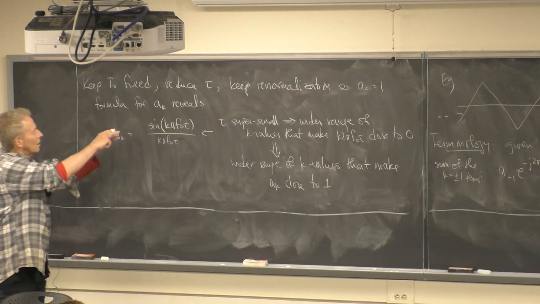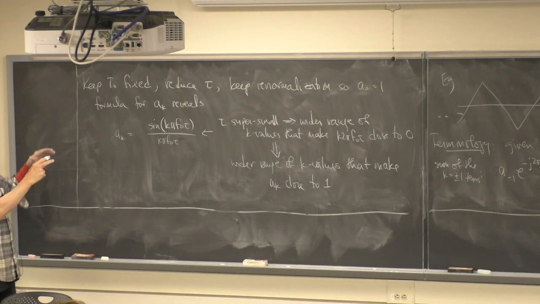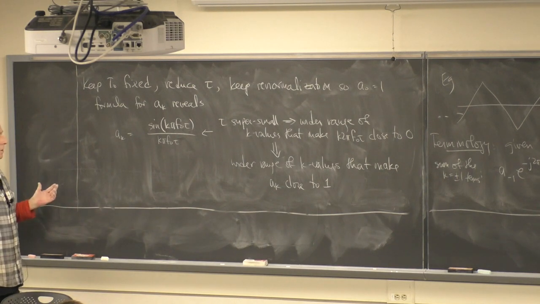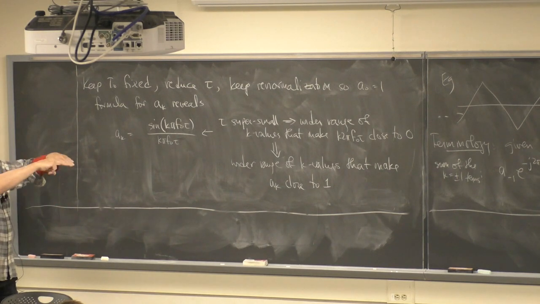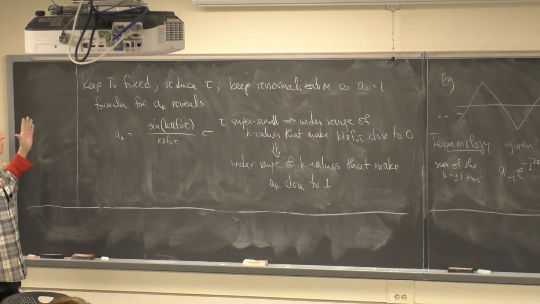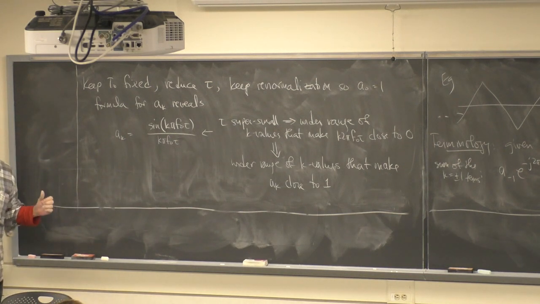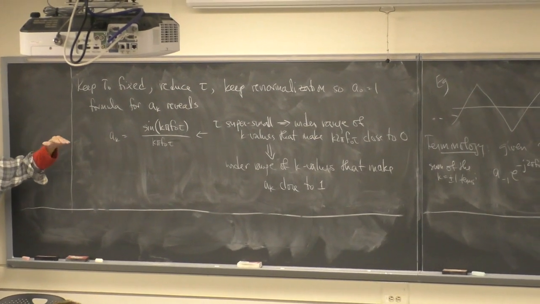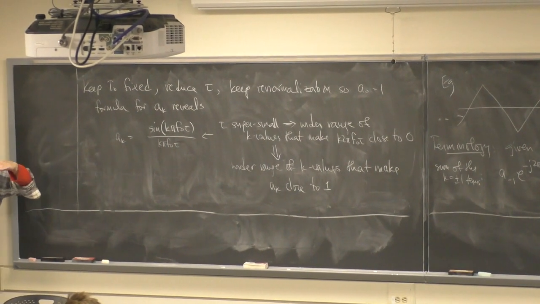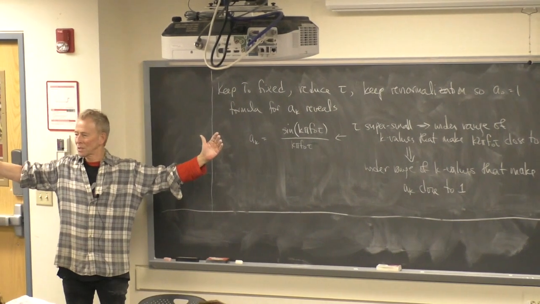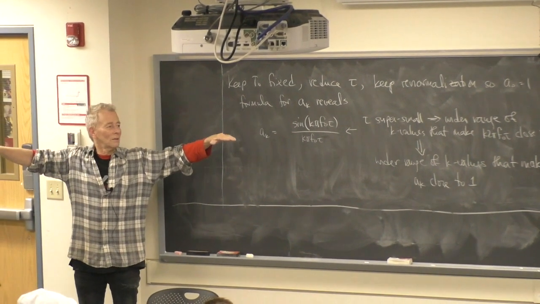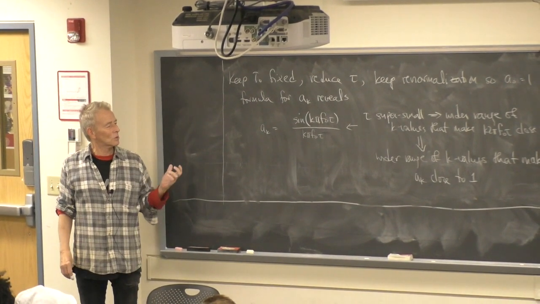Because when theta is close to 0, sine theta over theta is close to 1. So what does this mean? If you reduce tau, you're making the thing spikier and spikier. What you're doing is you're flattening out the spectrum in some sense. You're getting a wider and wider range of k values where the Fourier coefficients are close to 1.